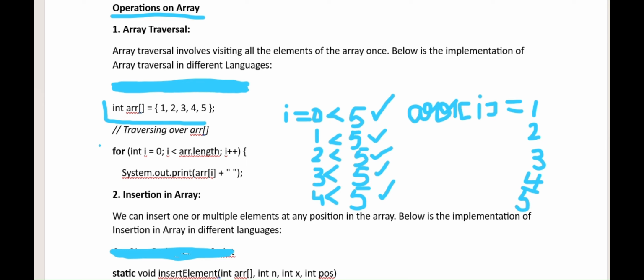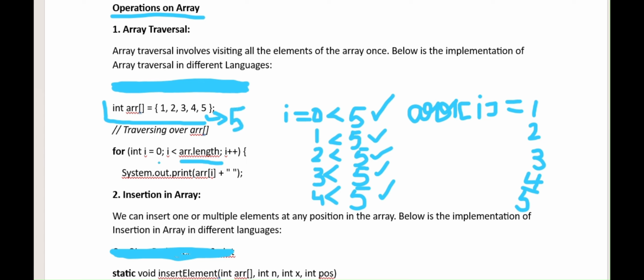When we have to traverse an array, we use a for loop: for int i equal to 0, i less than array.length. In Java, array.length is used to return the length of an array, how many elements are present in it. In this array, there are 5 elements: 1, 2, 3, 4, 5.